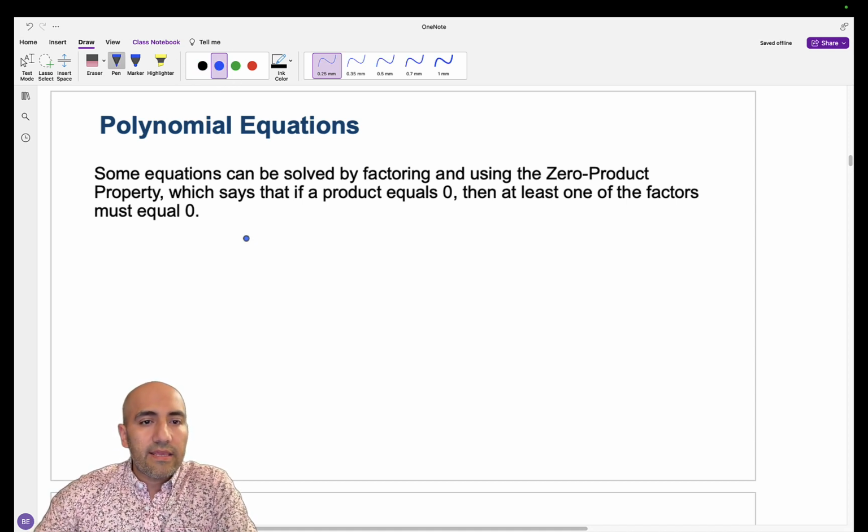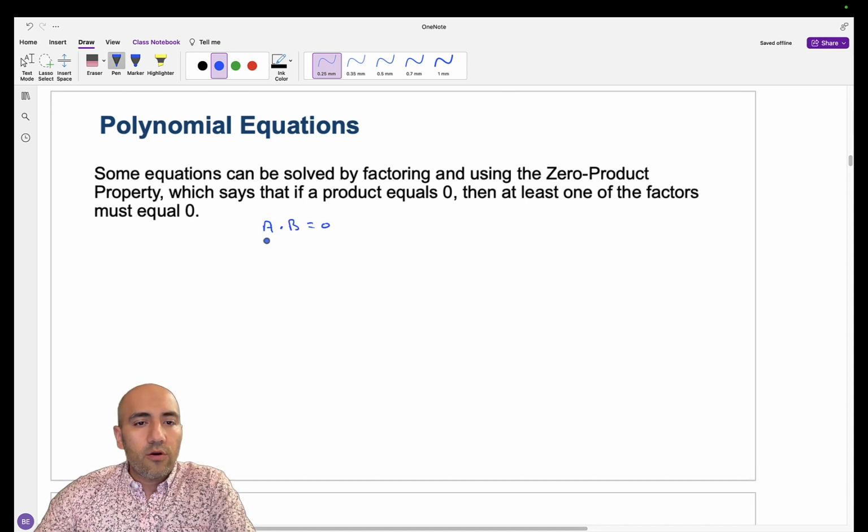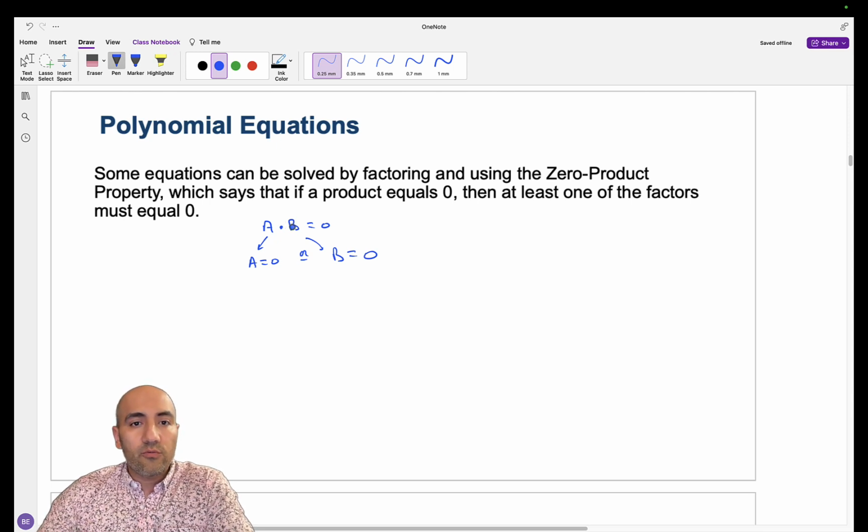It states that if A times B equals 0, we know for a fact that either A is 0 or B is 0. So this works great if you start with a multiplication, or if you can rewrite your equation into the form of a multiplication equal to 0, then you can separate it this way. So let's look at some examples like that.